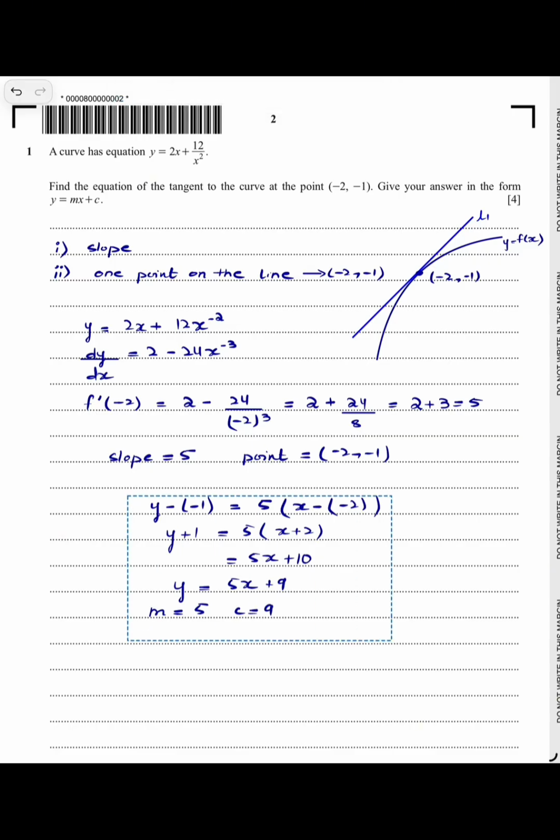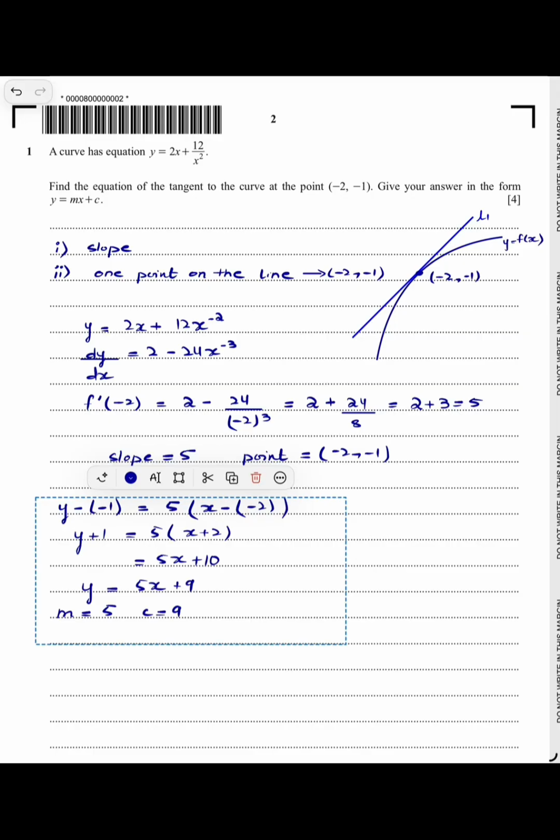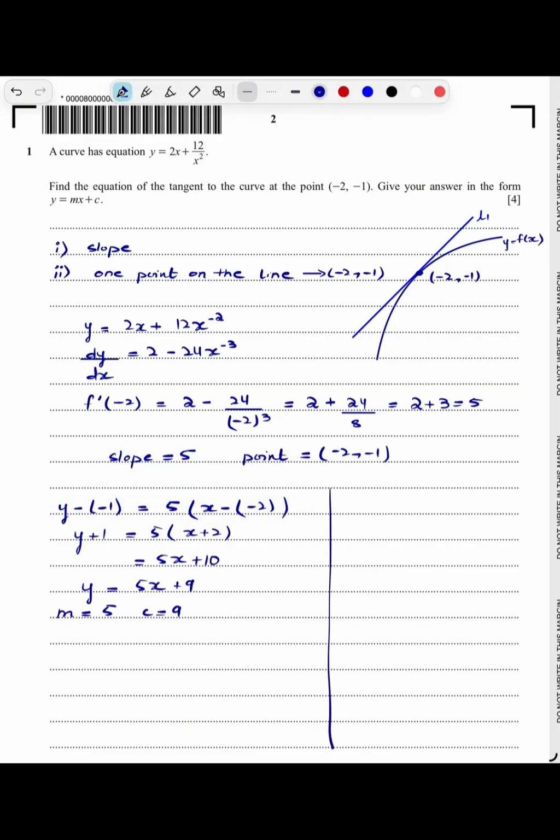If you're unfamiliar with this formula, you can also do it like this. You can say the equation of the line is y equals mx plus c, where the value of m is 5, right? So we can just substitute the point over here. The value of y is -1 when the value of x is -2, right?